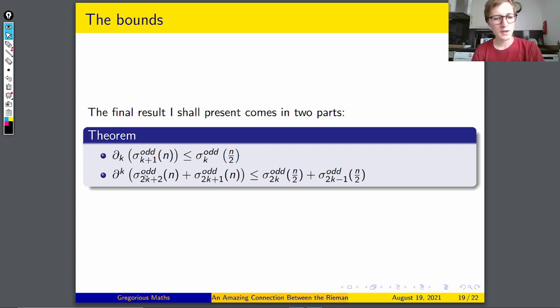And the second one is when you shift both the top and the bottom parts of the binomial coefficient of the unique expansion that represents whatever this number is. When you shift both the top and the bottom, you get a number which is definitely less than or equal to sigma odd 2k of n over 2 plus sigma odd 2k minus 1 of n over 2.